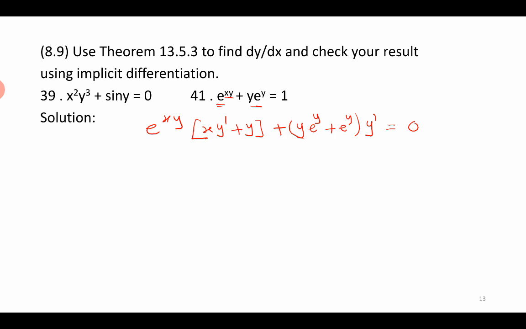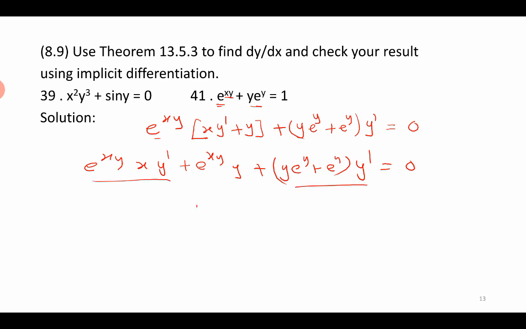So let's simplify this one. Let's take the common term, multiply this one inside, e raised to xy times x y prime plus e raised to xy times y, plus this term, let the second term be as it is. And now from this term you can take y prime as common, so you get e power xy times x plus y times e raised to y plus e raised to y.